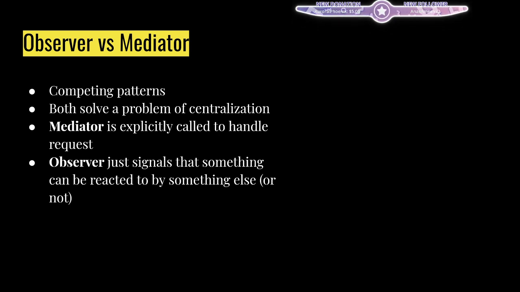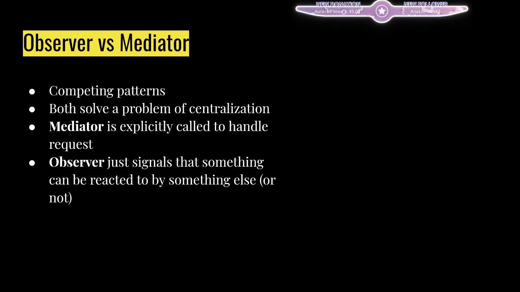But those dependencies are usually there. When you call mediator, you will always get handling. Some logic will be handled. It's there, it's pre-set up. However, with observer, when you invoke an event, when you notify the subject, you might not get any response. There might be no subscribers.